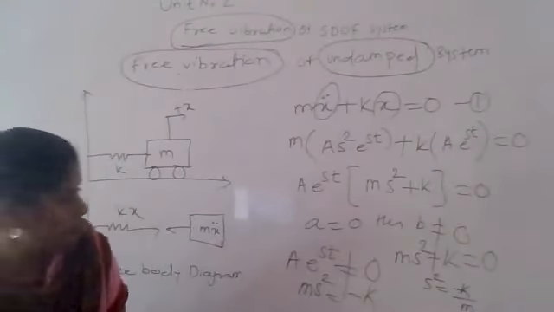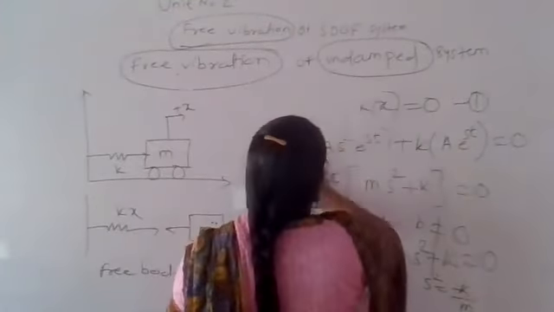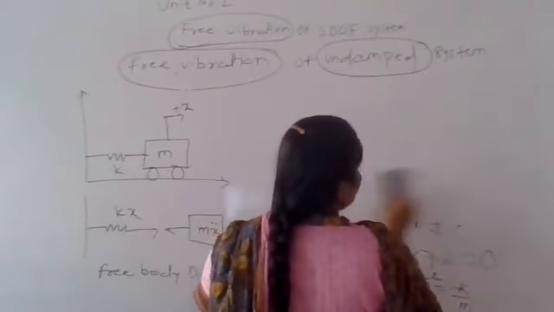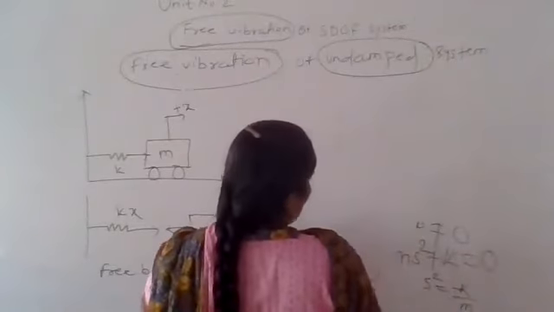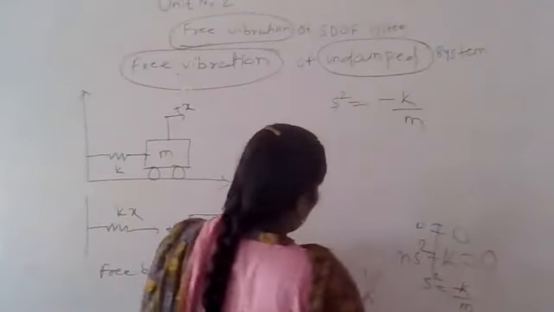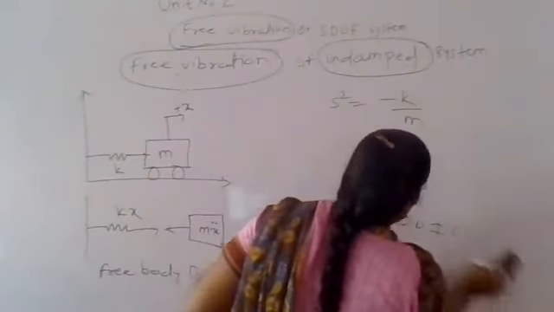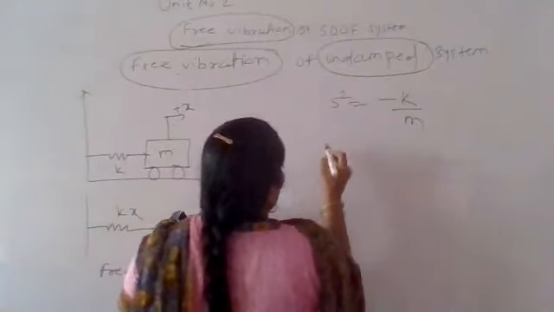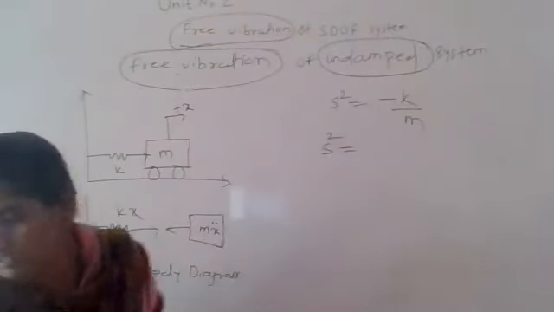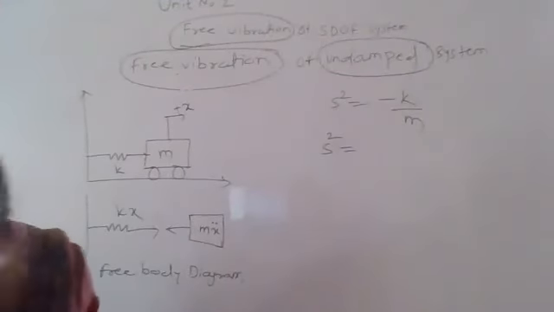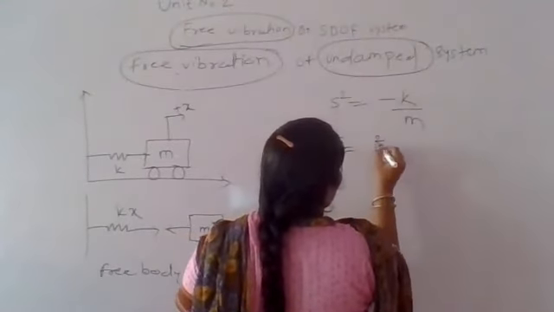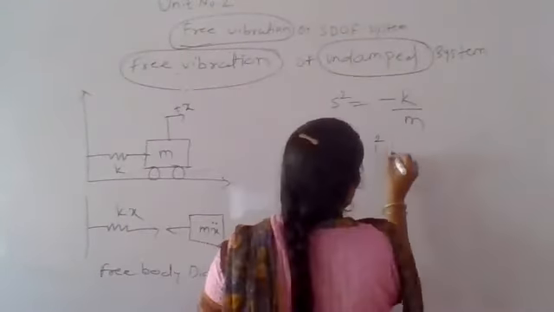So all of you write down that s square is equal to minus k by m. What is the value of the term minus 1? I square is equal to minus 1, so we can put here I square into k by m.